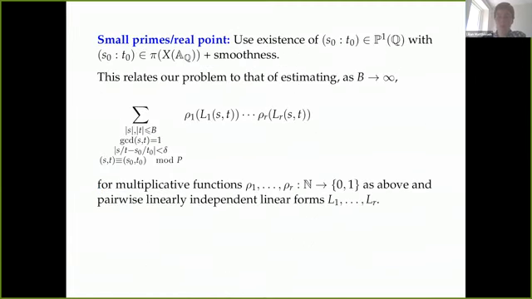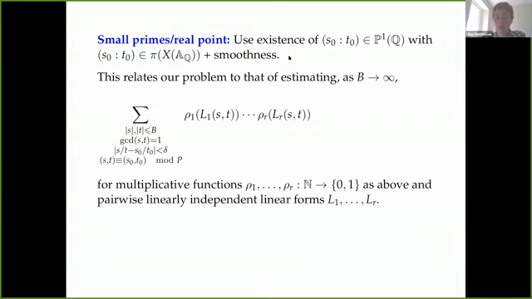So at small primes and the real point, you make use of a different assumption from the statement, namely the assumption that there exists a rational point on the projective line, such that the fiber above that point is everywhere locally soluble and smooth.